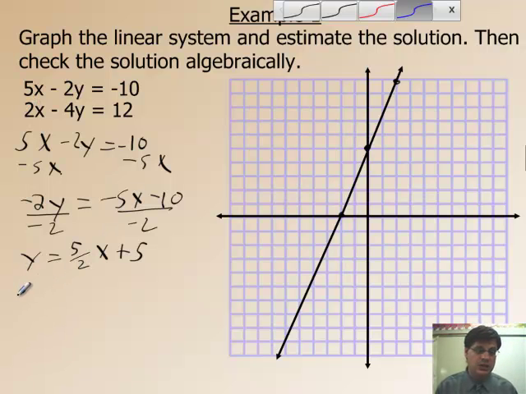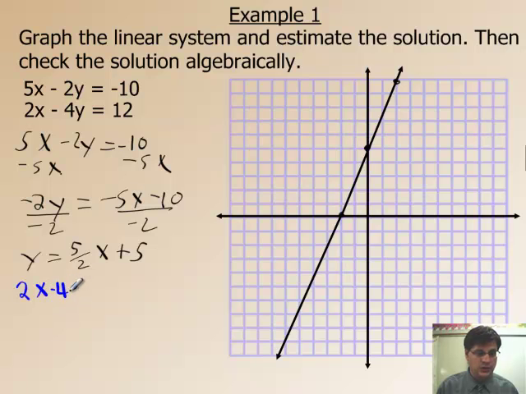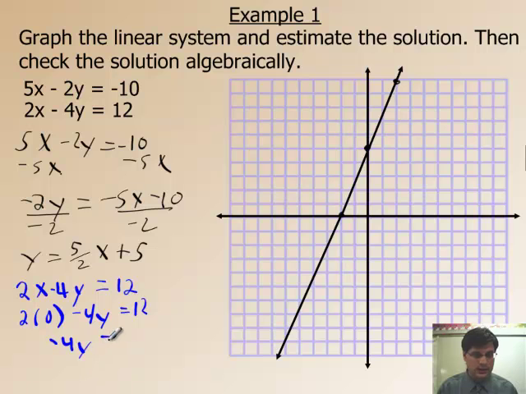So for the second one, instead of converting it into slope-intercept form, I'm going to find it by using the intercepts. So I have 2x minus 4y is equal to 12. I'm going to start off and find the y-intercept by plugging 0 in for x. So I have 2 times 0 minus 4y equals 12. So that's negative 4y equals 12.